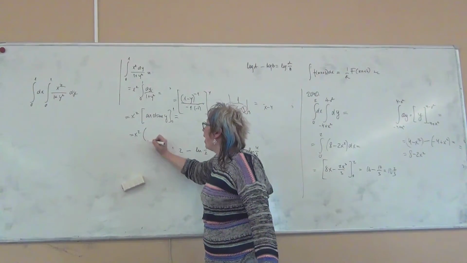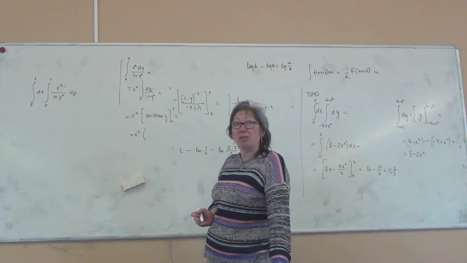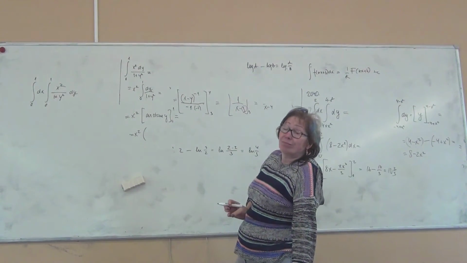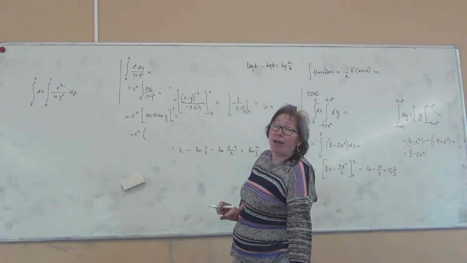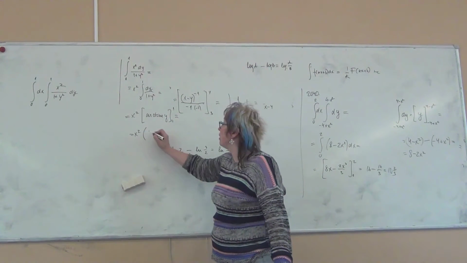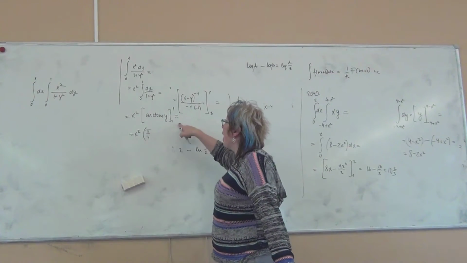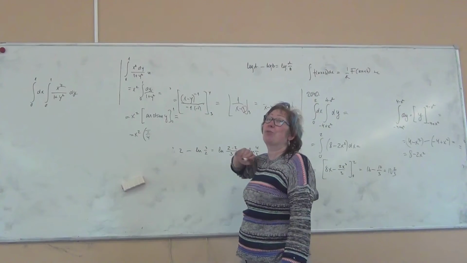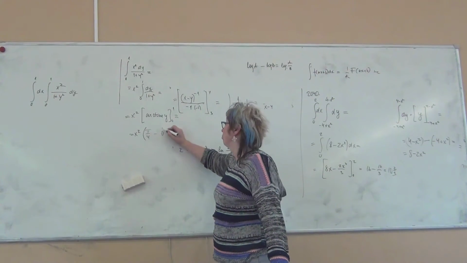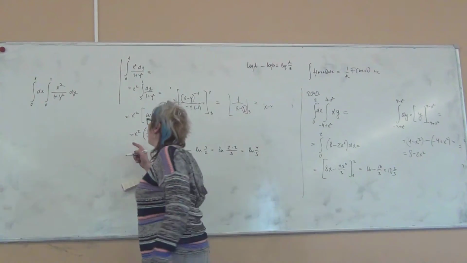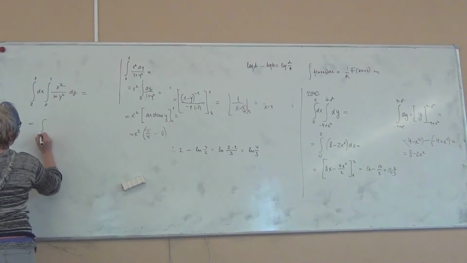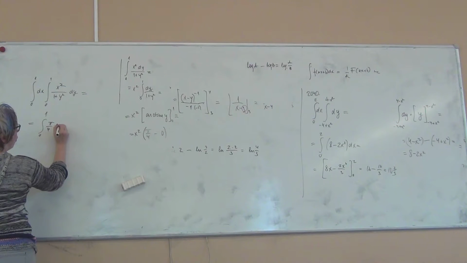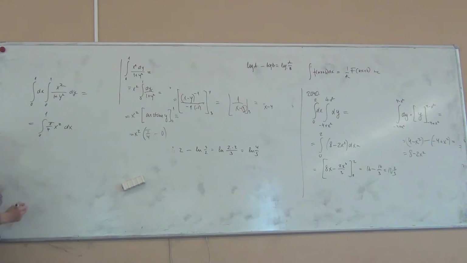X squared. Now, arctangent of 1. What is the angle for which the tangent is 1? Pi over 4. 45 degrees, it's pi over 4. Arctangent of 0. For what angle the tangent equals 0? 0. Okay, so we see that this integral will be pi over 4 x squared dx.